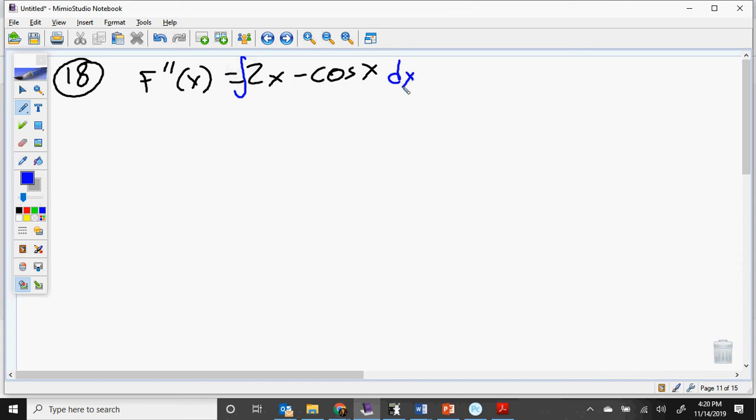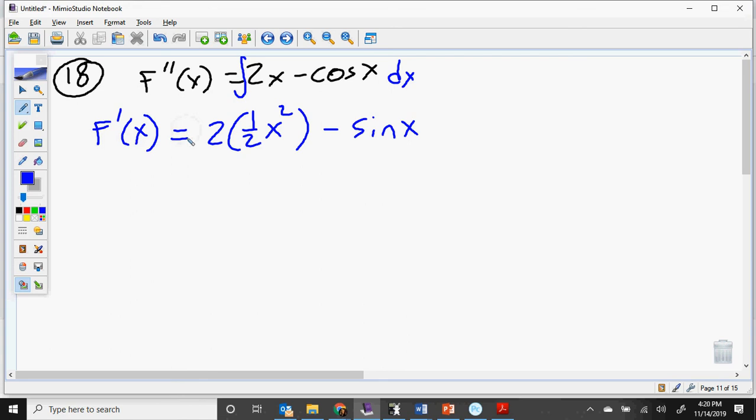Well, integral of 2x is 2 times x squared over 2. The integral of cosine is sine, so minus sine of x. Okay, and that would be f prime. Okay, because that's going backwards.